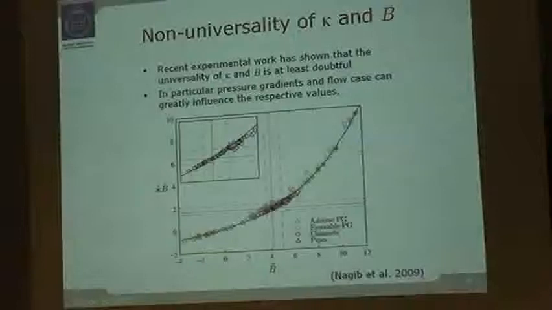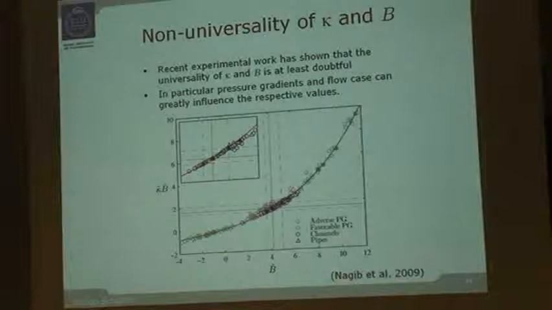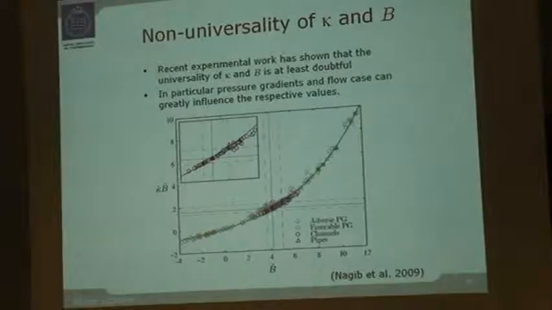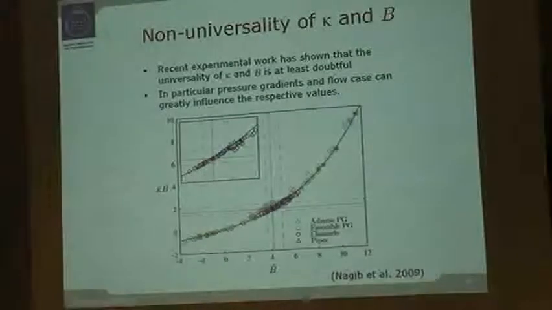It's not even clear whether for all the canonical flows we should expect to have one single value for kappa. So there is a significant spread between various pressure gradients, channels, and pipes. But again, I think the important part is not really the values, but rather the shape.